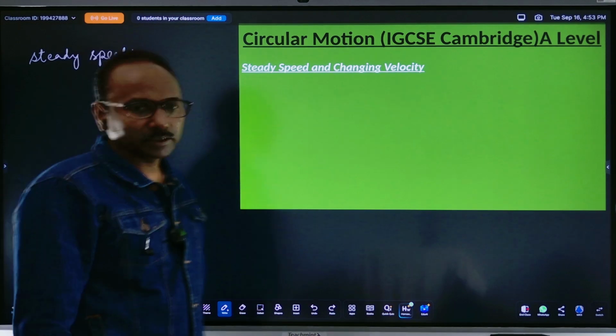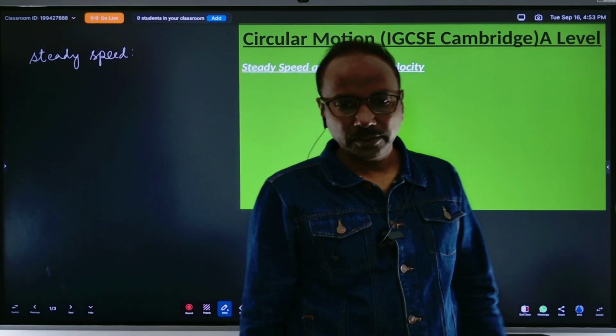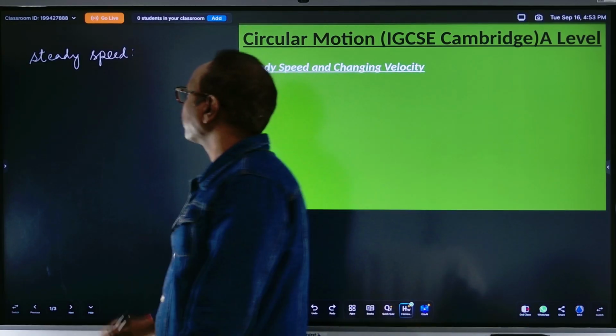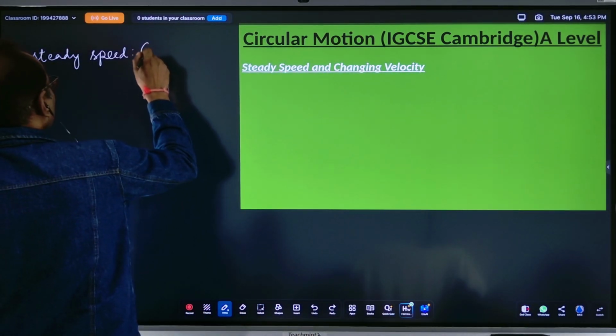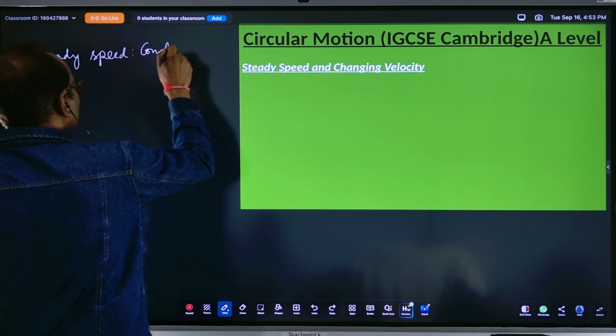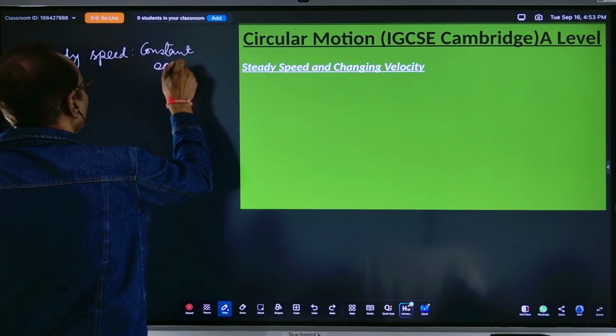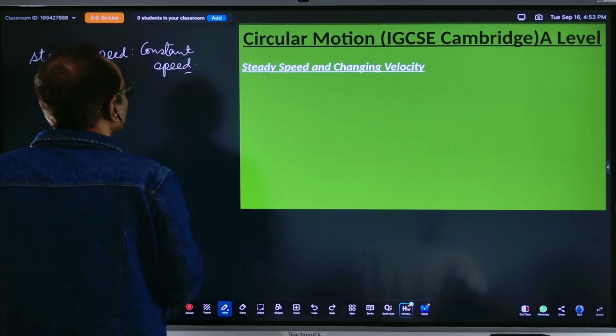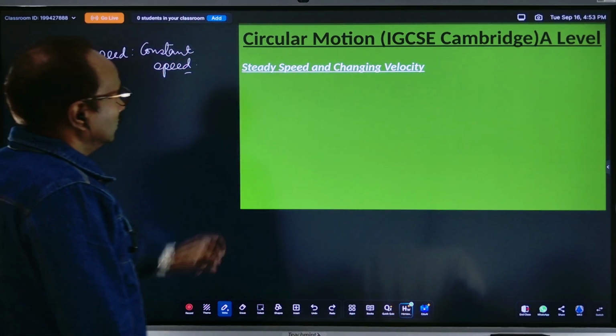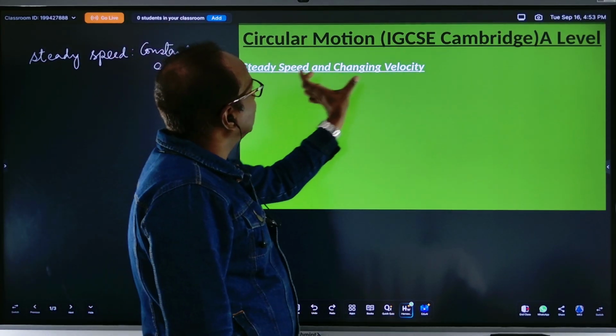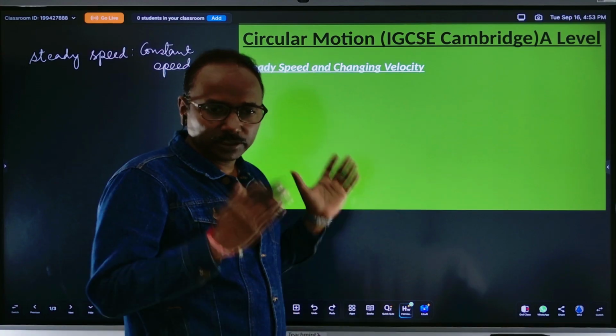Steady speed means constant speed, means speed is not changing. But this is a steady speed and changing velocity, means together.